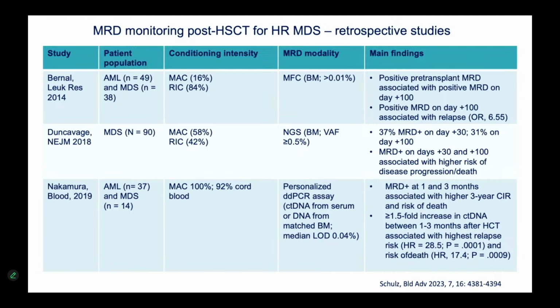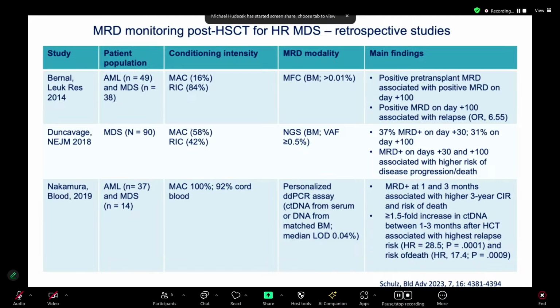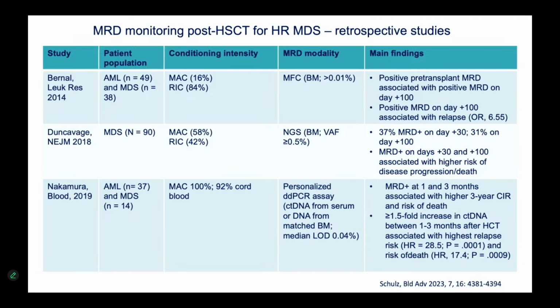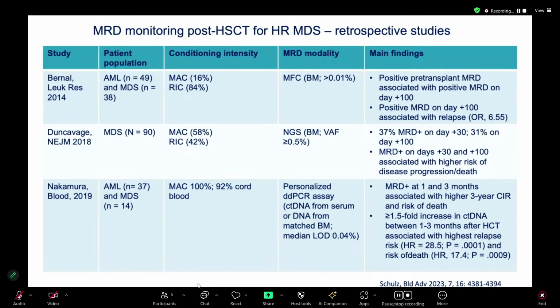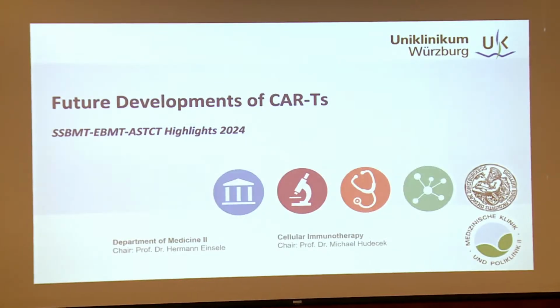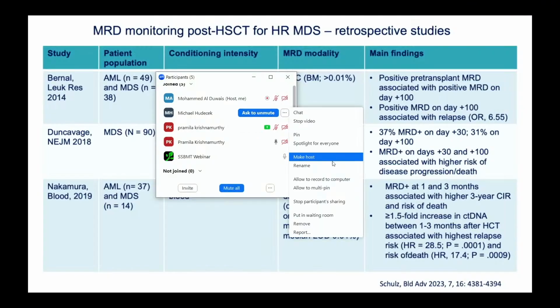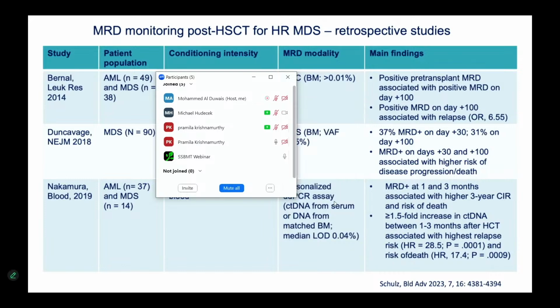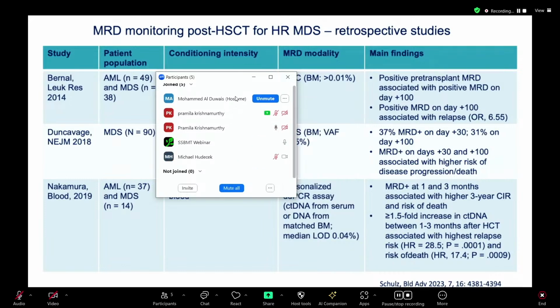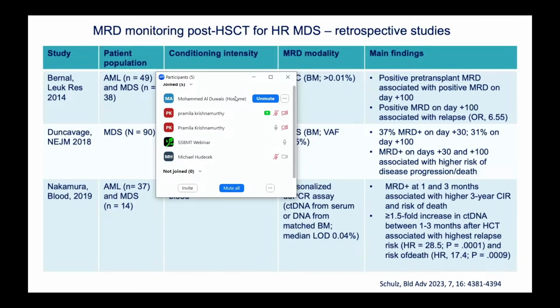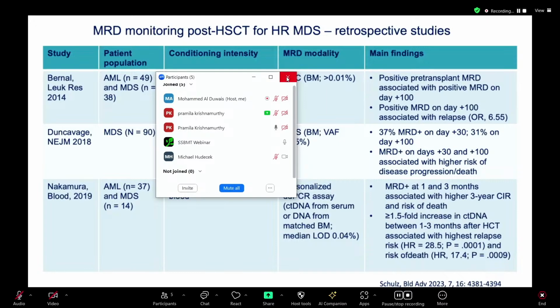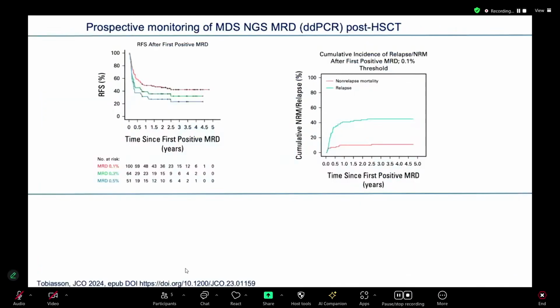Essentially, all of these studies have shown that positive pre-transplant MRD can be associated with relapse. And secondly, that having MRD positivity early on post-transplant is associated with a higher risk of disease progression or death. So there are several studies now showing that MRD could be predictive.